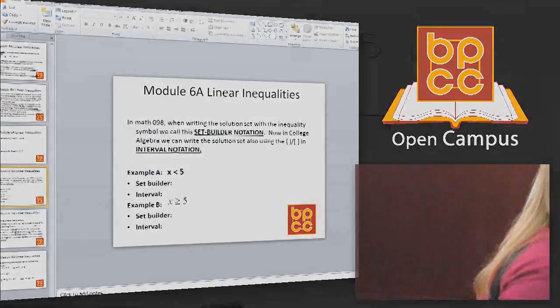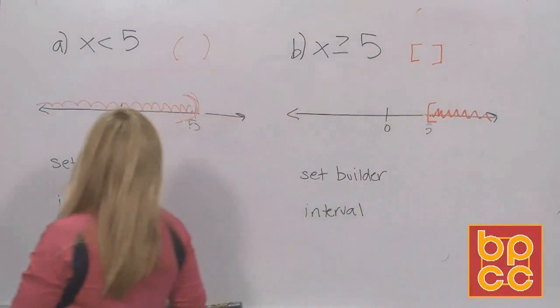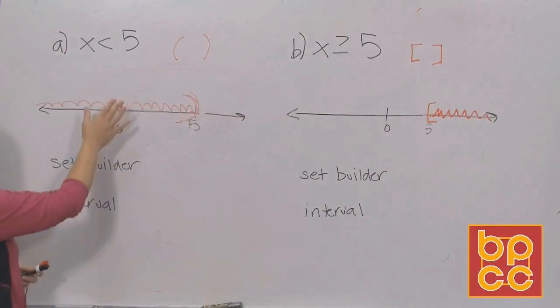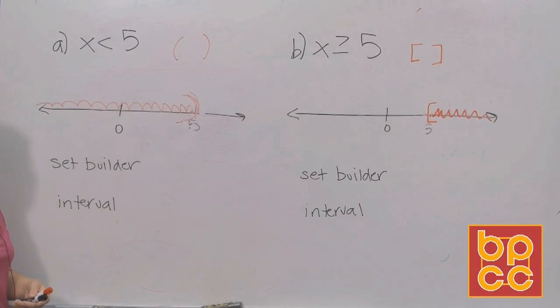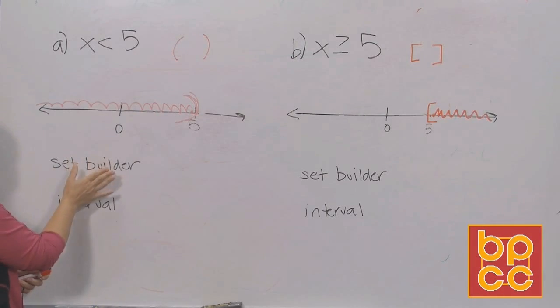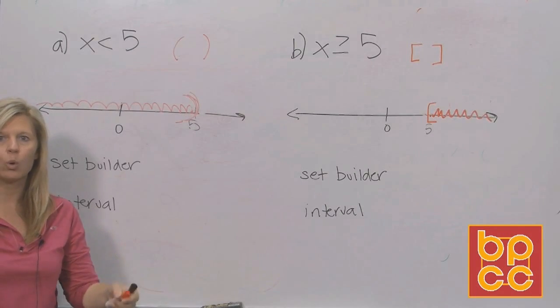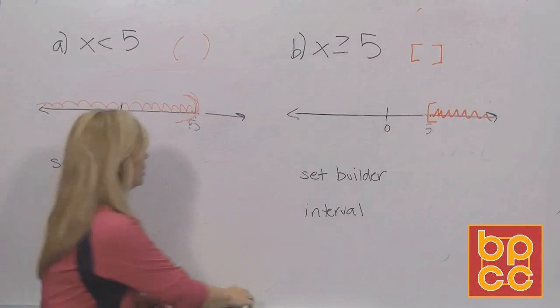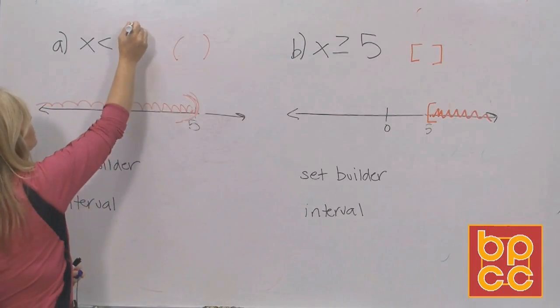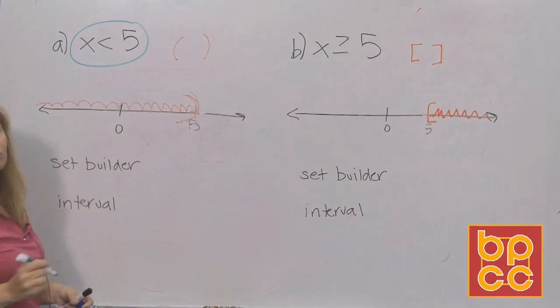Okay, guys. If you look back up here, once you get your number line drawn, then on your homework, they're either going to ask for the answer to be written in set builder or interval. Set builder notation is the statement with the inequality symbol. So if you look very closely, this is set builder notation.